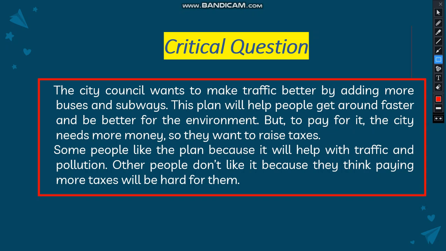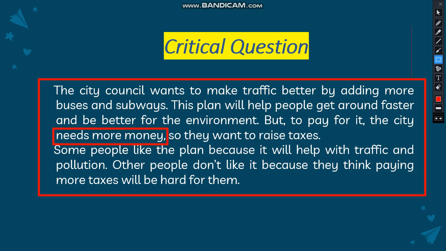The common thing is that the council needs money and they have to apply taxes. But what's going to be the effect of this? Some people will be unhappy. However, it will make the government happy because they will be collecting taxes. But people will have to pay the tax and it will be hard for them.